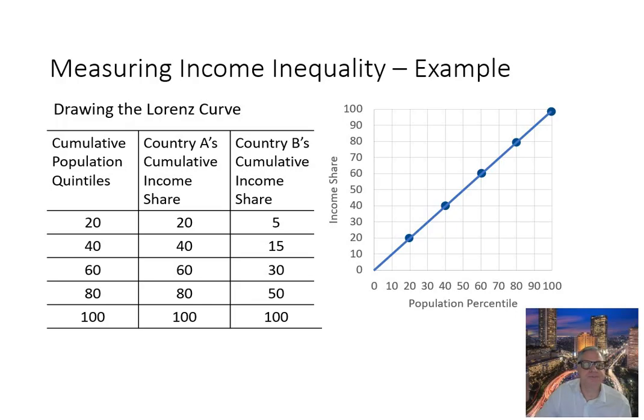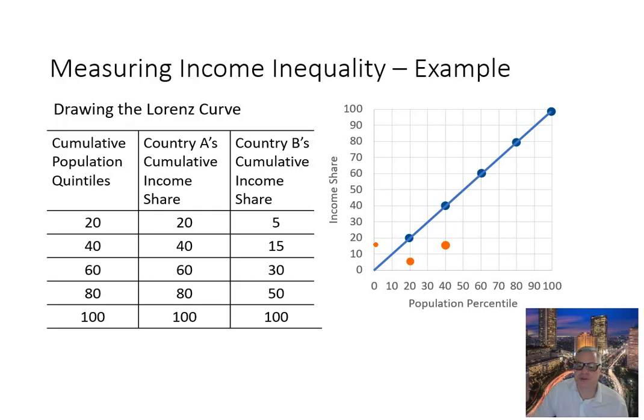maybe orange or so. Okay, so now we go to country B. The 20% poorest are really poor because they have only 5% of total income. So that is roughly here, cumulatively. And the 40% hold cumulatively only 15%, so that would be roughly here.